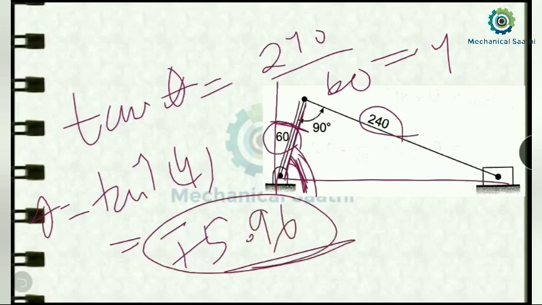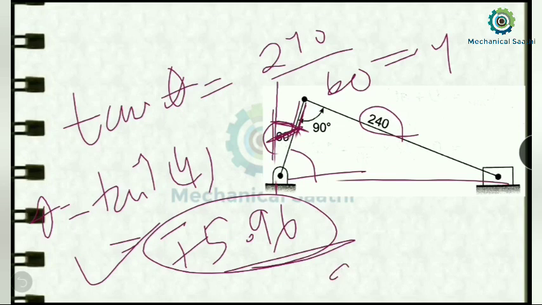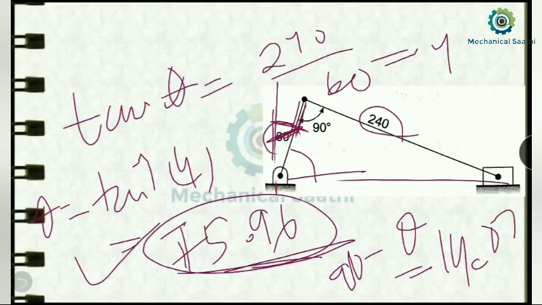So we get this as theta. Now we can calculate this other angle also. It will be equal to 90 minus theta, so deducting this value from 90, we get 14.03.